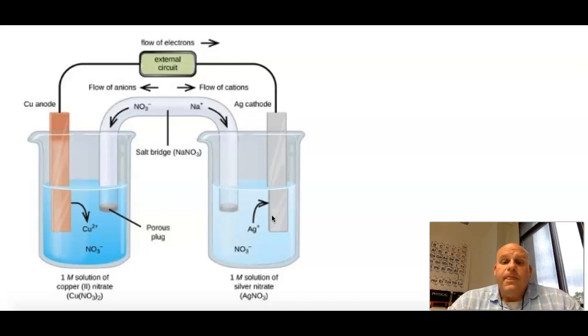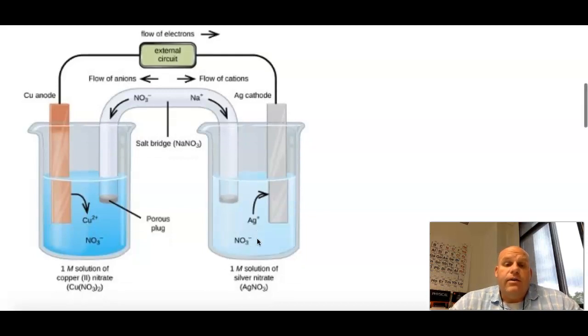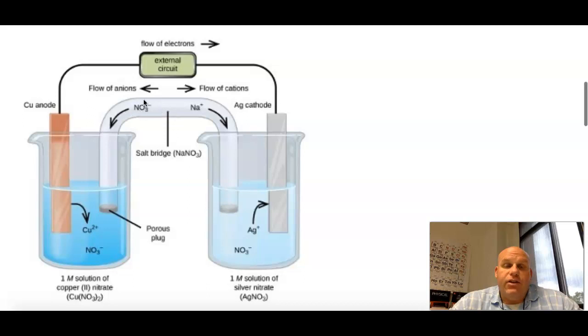We have our silver nitrate solution, and our sodium will come into solution here because our silver ions are coming out of solution and depositing on the cathode as the reduction occurs. You can see the important role of the salt bridge in accounting for the additional cations on the anode side and the additional anions on the opposite side.